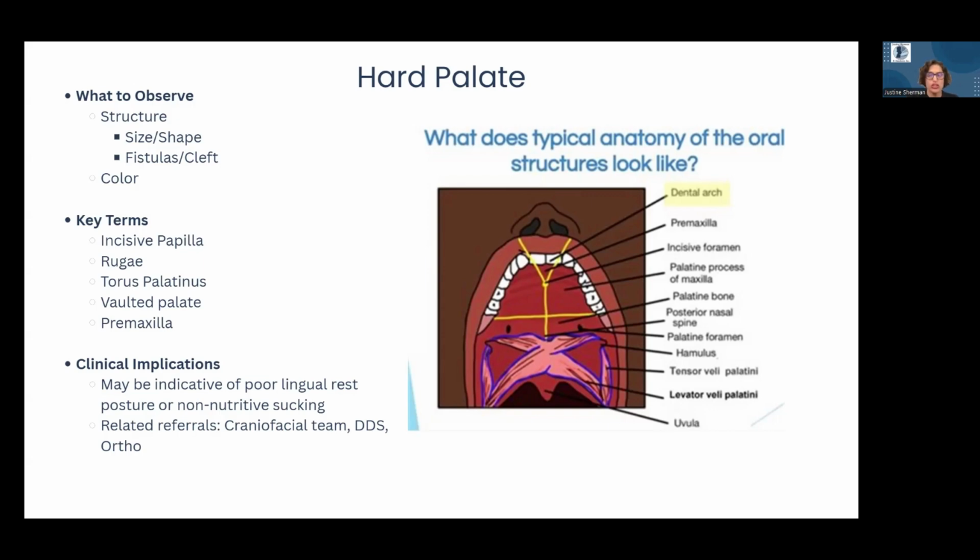Again, for documentation, you're going to include shape: high, low, vaulted; width: narrow, wide; and integrity: clefts, fistulas, lesions; symmetry, and rugae patterns.